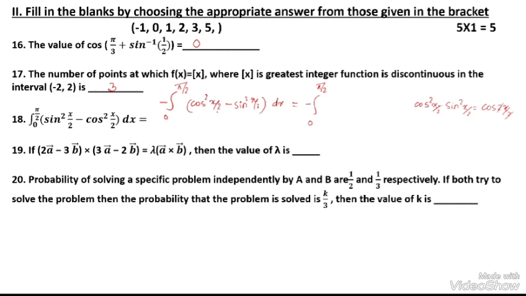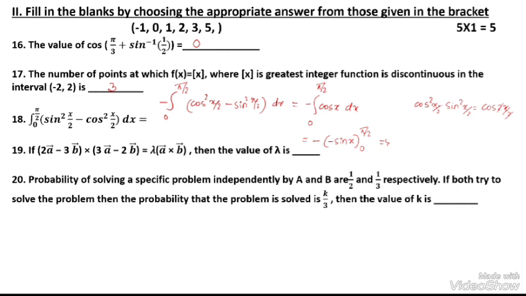I will replace cos square x by 2 minus sin square x by 2 with cos x using the formula. What is the integration of cos x? It will be sin x. Here there is a minus and again a minus, so taking minus outside, minus into minus will be plus.